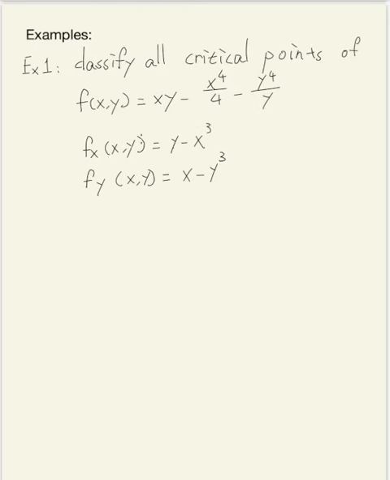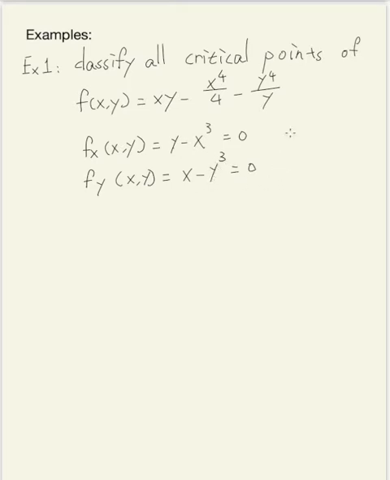Now immediately we see that f partial x and f partial y exist everywhere, so there are no critical points at which the partial derivatives don't exist. So we only have to consider the points where these partial derivatives are 0.